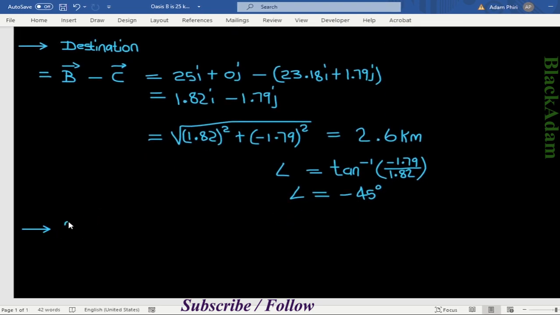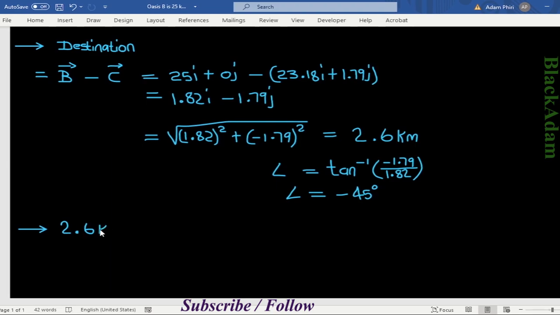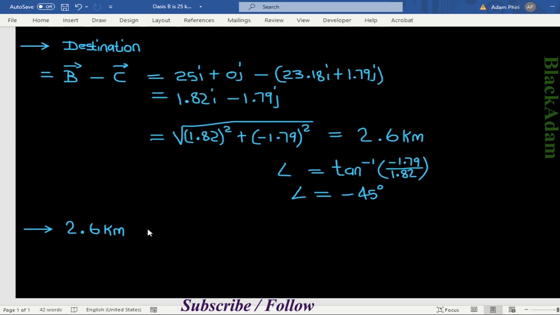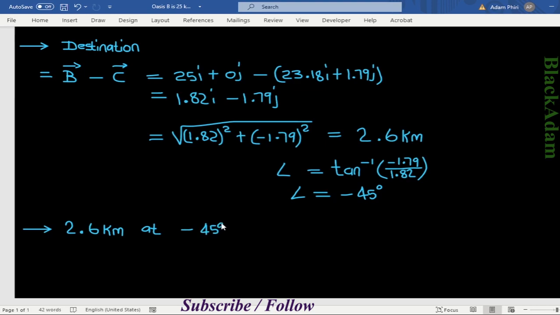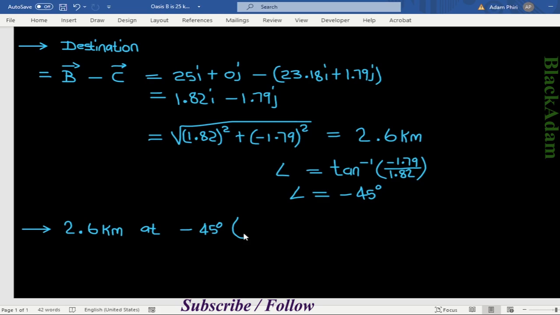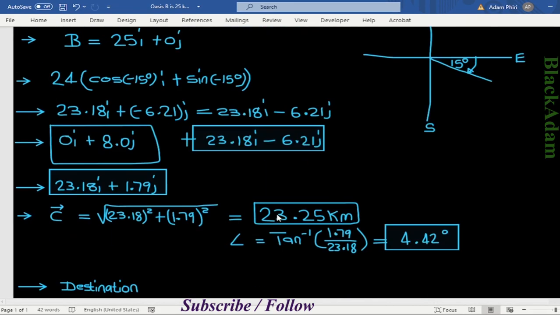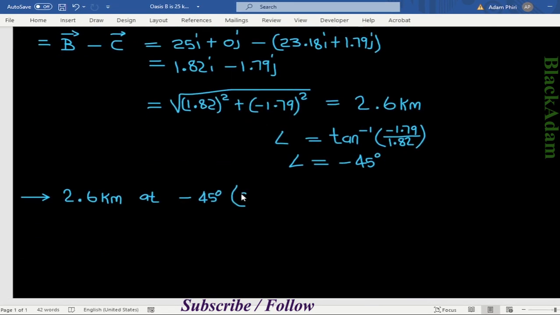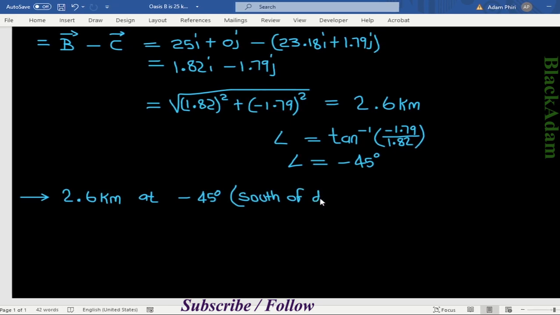So that's the angle. So it has to travel 2.6 kilometers at an angle of negative 45, which is 45 degrees south of due east. So that's the direction it has to travel.